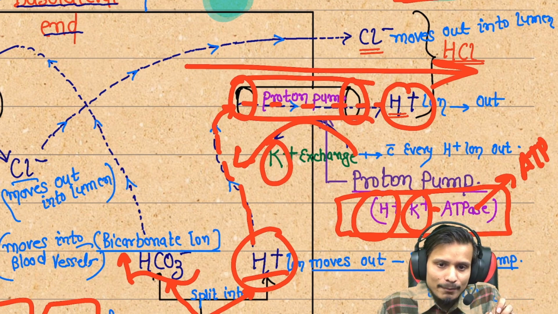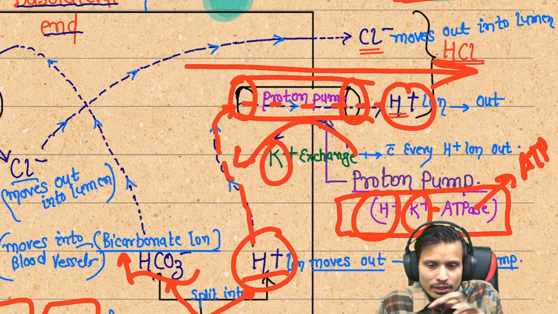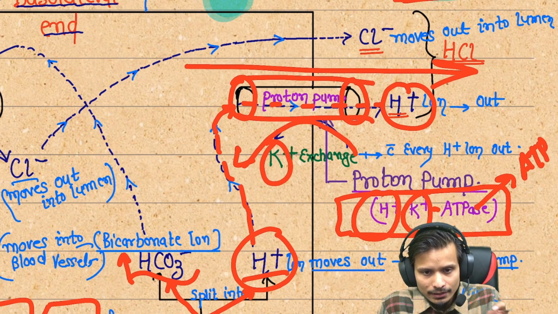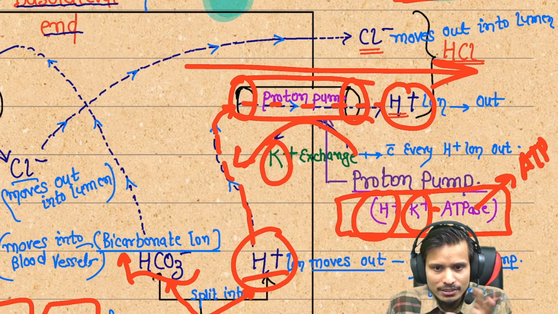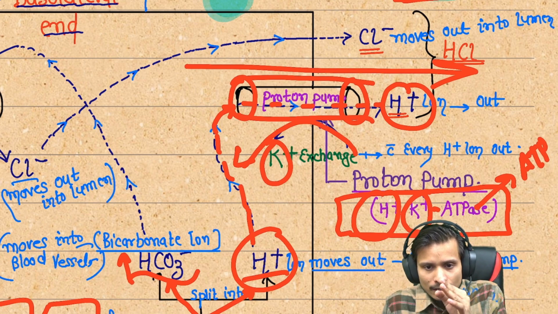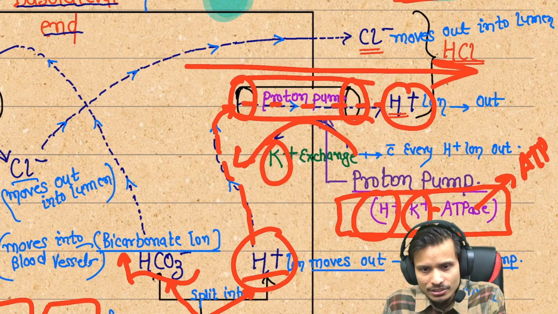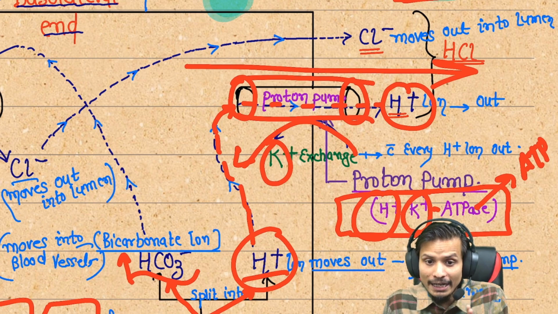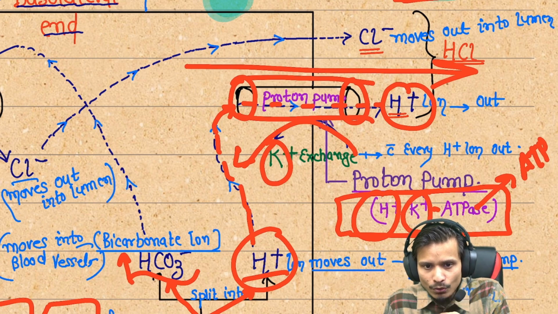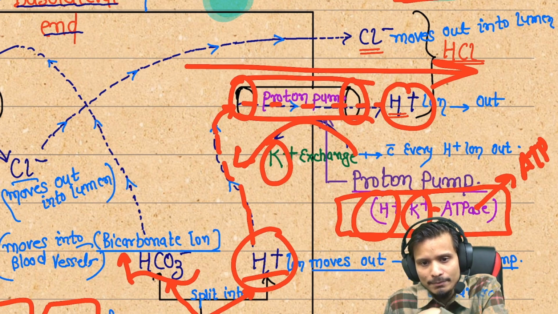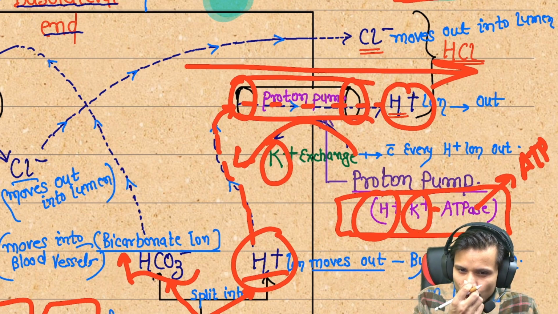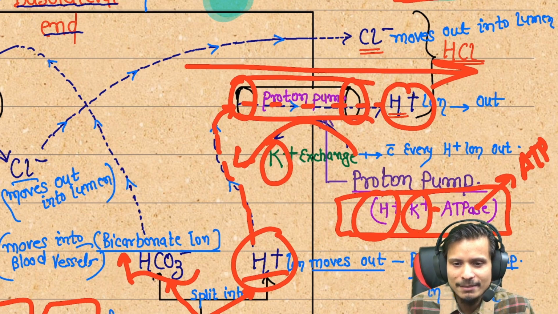So one ion is coming outside and one is going inside the cell, that is called an exchanger. So there is an exchange happening. H plus is going out and K plus is coming inside. So the channel is also named the hydrogen potassium exchanger. It uses ATP, that's why the name is hydrogen potassium exchanger ATPase. So this is the proton pump, or hydrogen potassium ATPase.